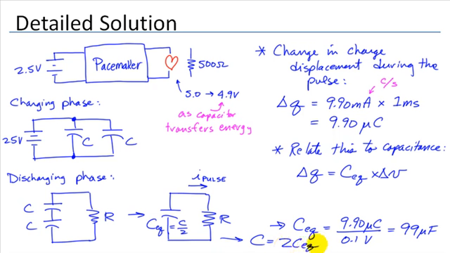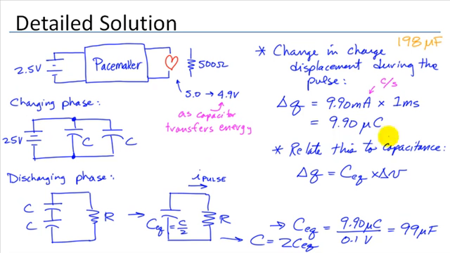From that we can find the desired value of the actual capacitor itself, the individual capacitors, and that's 198 microfarads, meaning that we need a pair of 198 microfarad capacitors.